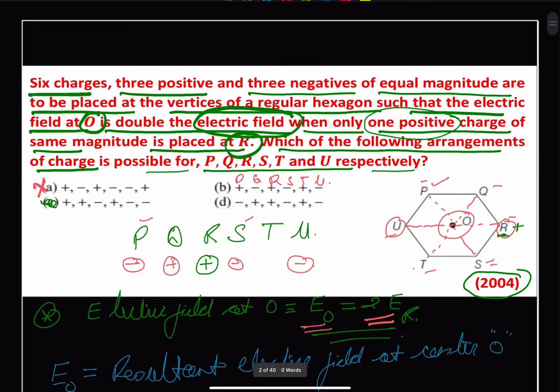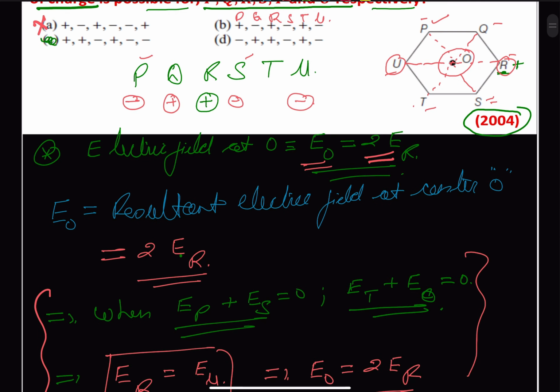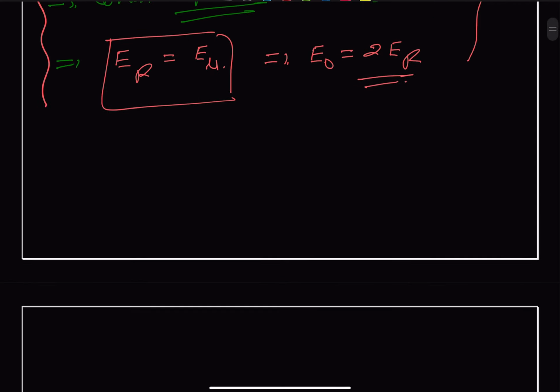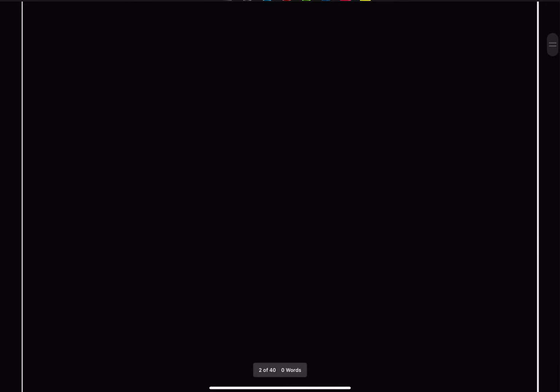There are total 6 charges, so we have 3 plus 3, so Q is positive and T will be also positive. Okay. So only option D is the correct one. You can say option D is correct. Next question.